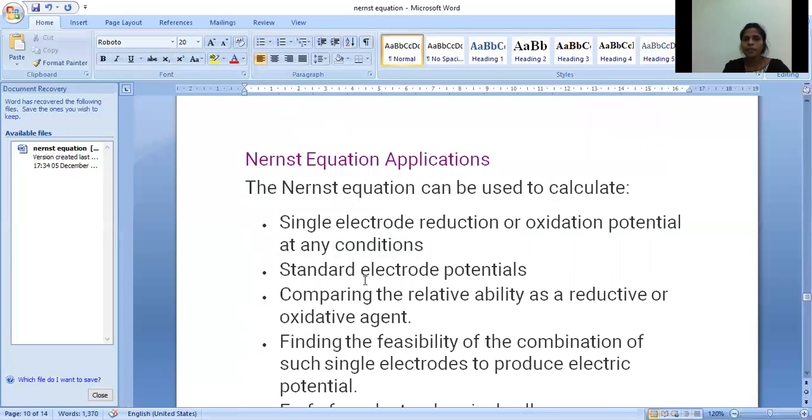So let us see today's last topic, that is applications of Nernst equation. So what we can find by using the Nernst equation? Yes, so what are the applications or what are the uses of Nernst equation? The Nernst equation can be used to calculate single electrode reduction or oxidation potential at any condition. So already we have seen, yes.